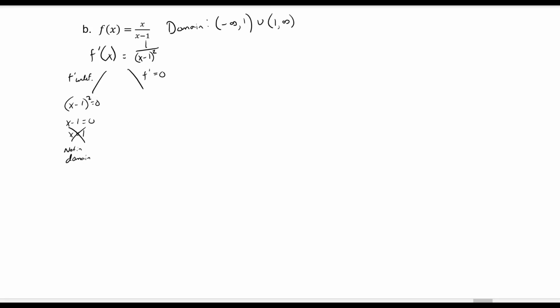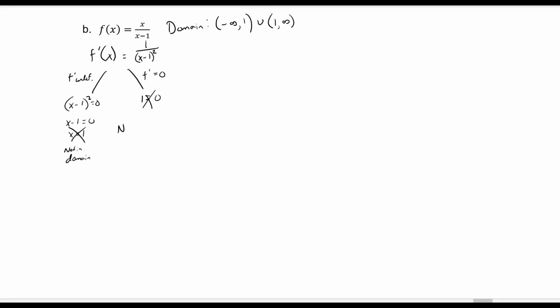f prime equals 0. To find that for a rational function, really what this ends up being is whenever 1 equals 0, because that's our numerator. So remember, to get there, you would set the entire derivative equal to 0, multiply by x minus 1 squared, which then just gives you 1 equals 0, which makes no sense, right?